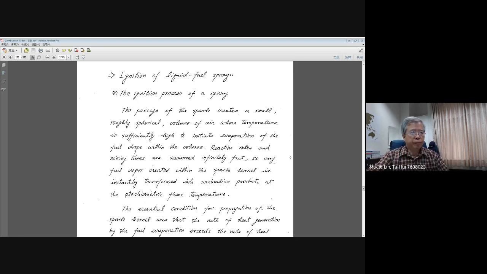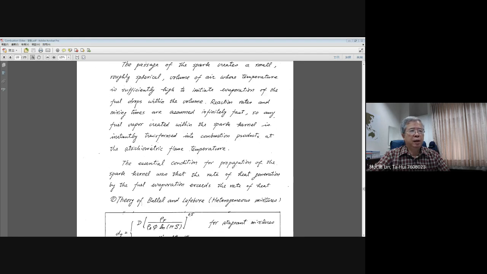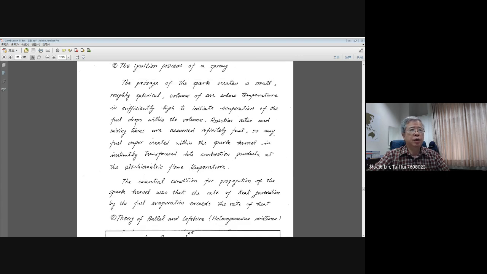Here they tell you the reaction times and mixing times are assumed infinitely fast at first. This theory was proposed by Ball and Lefebvre. In our previous study, those ignition theories were based on homogeneous mixtures. Now we extend it by adding the liquid droplet into the homogeneous mixtures.